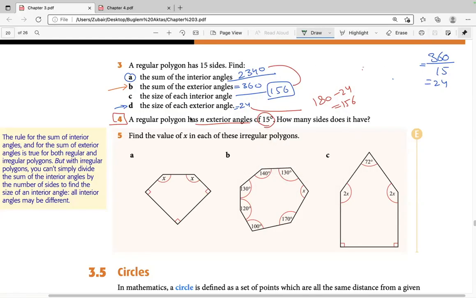Is there a formula for this? That would be a 1 mark question. A regular polygon has n exterior angles of 15 degrees. How many sides? Formula is n is equal to 360 by exterior angle. Interior angles. Yeah.